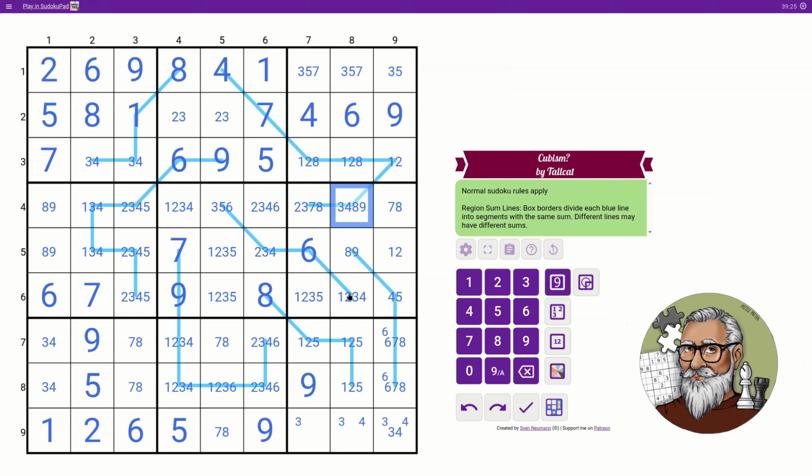Still not getting anywhere. Wow. Huh. Well, still 2 places for 5.